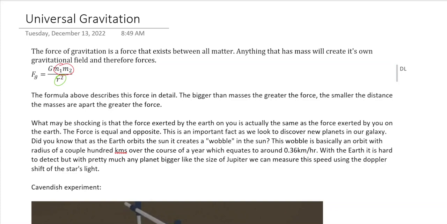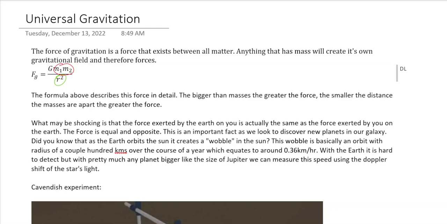This is an important fact as we look to discover new planets, because the Earth is being pulled by the sun. We are not surprised by that, hopefully. But did you know that the Earth actually pulls on the sun the same amount? It's a fairly large force, but because the sun is so massive, it doesn't experience as much of an acceleration due to that.